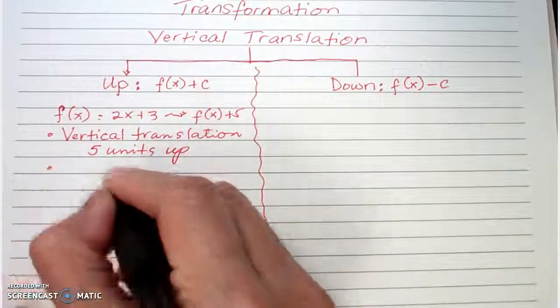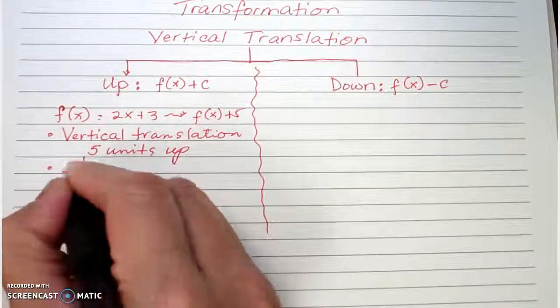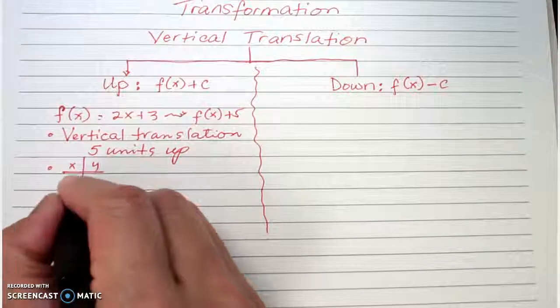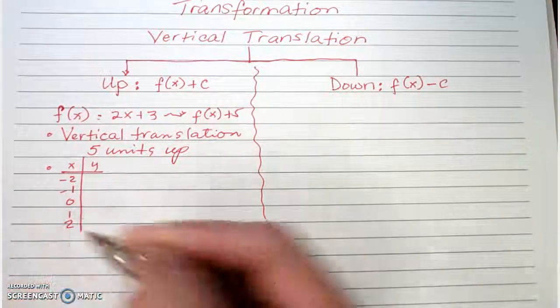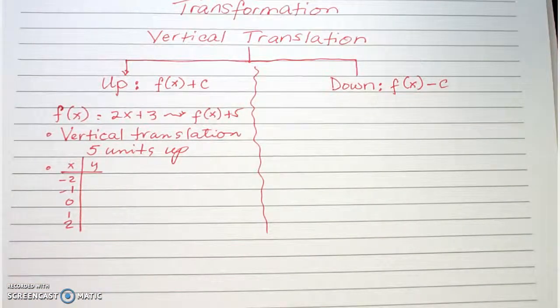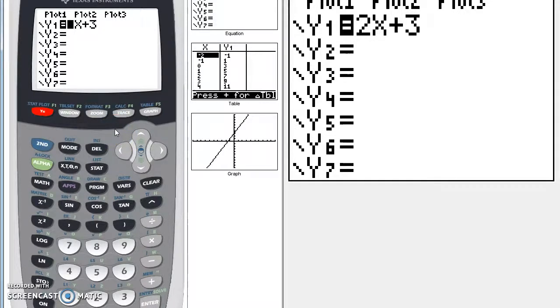And your tables would look like this. Your original table first would look like, and again, I want to keep my domain as -2, -1, 0, 1, 2. And just for convenience purposes, you're going to just plug this in on y equals.